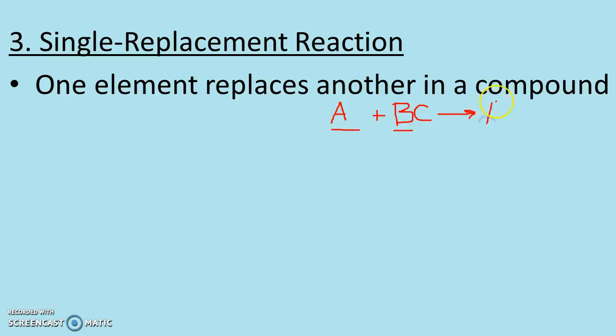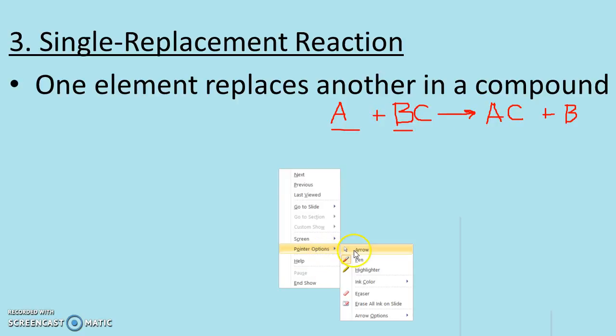So then on the product side, we're going to have compound AC, and now B is by itself. Okay, so something by itself kicks out one of the elements from the compound. All right, so that's a single replacement reaction.